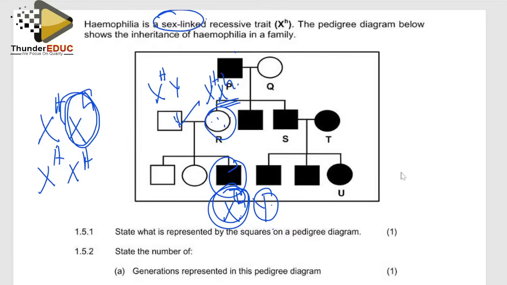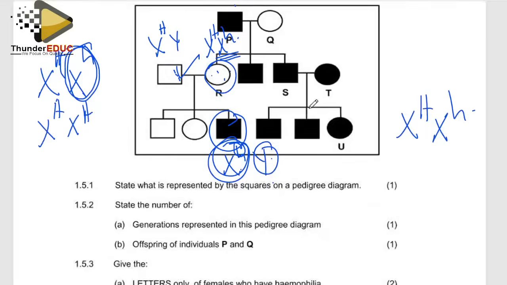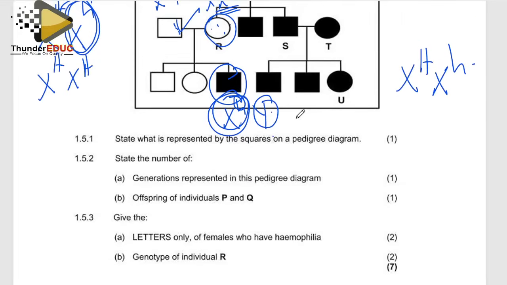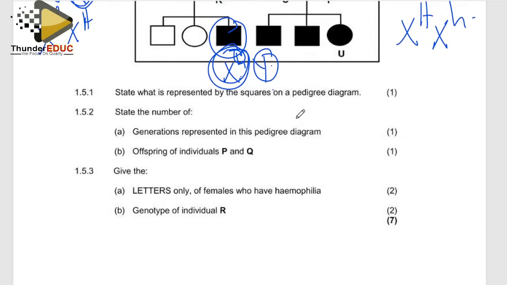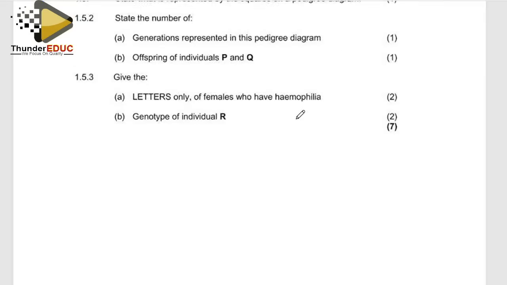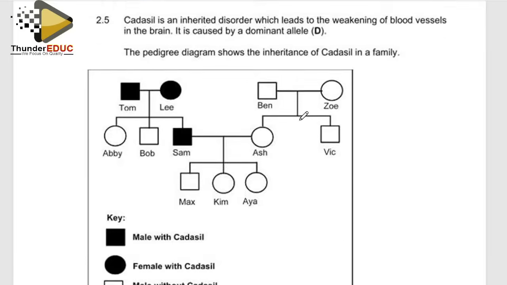So it means that ours is X, capital H, and then X, small h. So that's what it means. Then we go to the next question. Give the offspring of the female who have hemophilia. Yeah, so we are done with that question.